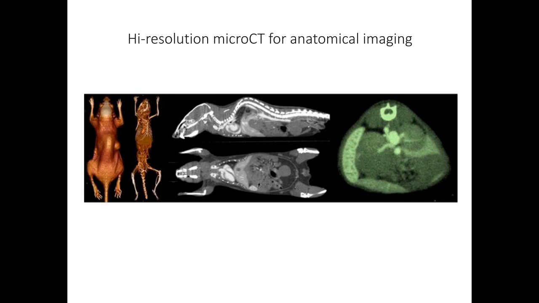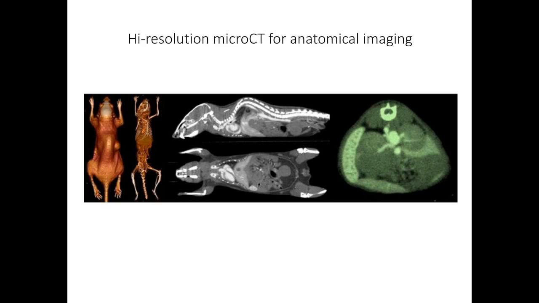The biggest difference between micro-CT and MR, both of which can allow you to look at anatomy, is that MR is very good for soft tissue, whereas micro-CT is very good for denser tissue. So you can clearly see with micro-CT the bone structure is very apparent.